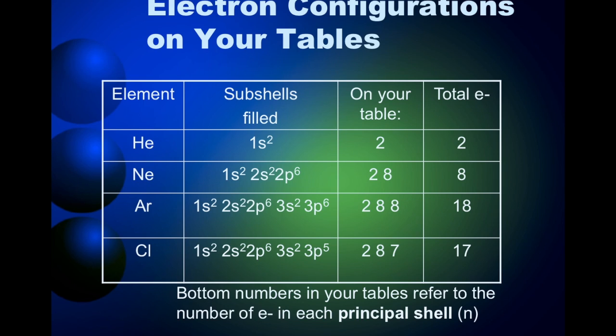All right, and now we'll look at chlorine, 1s2, 2s2, 2p6, 3s2, 3p5. Again, 2 and 8 are the same because these shells are full. They're core shells, so they're completely full, and it's only the last one that's going to change. In this case, shell 3 has 7 electrons, so that's 2 plus 8 plus 7, or 17 electrons total.